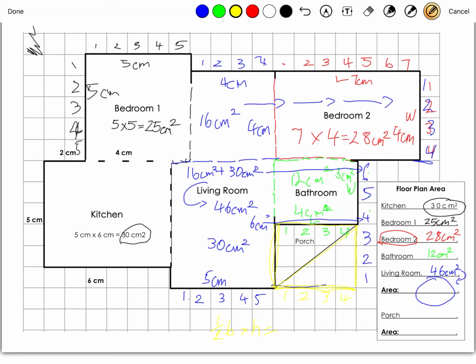So what we can do is figure out the area of that rectangle, which is 1, 2, 3, 4 by 1, 2, 3. So 4 times 3 is 4, 8, 12 centimetres squared. And then we need to half it because we only want to know this much, which equals 6 centimetres squared.